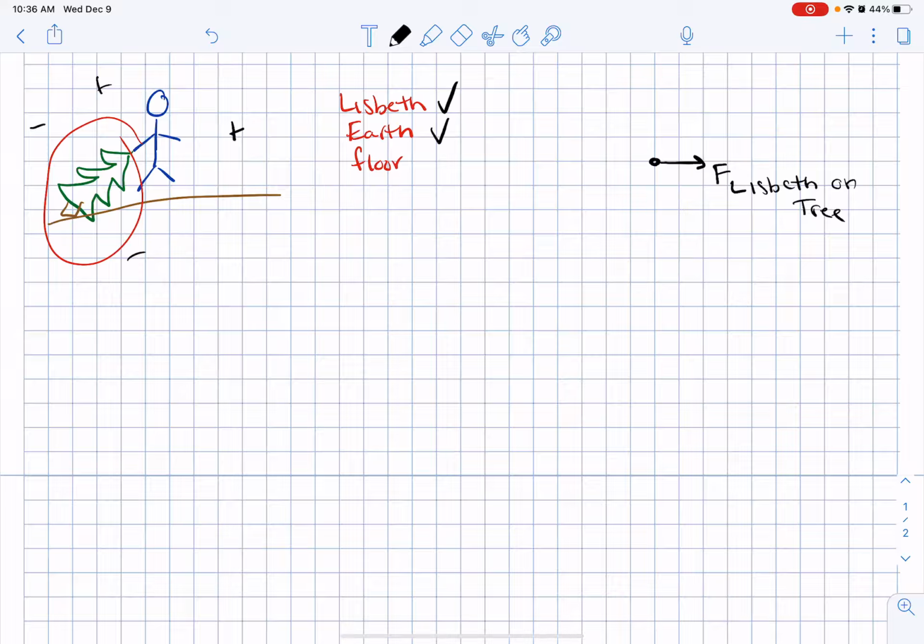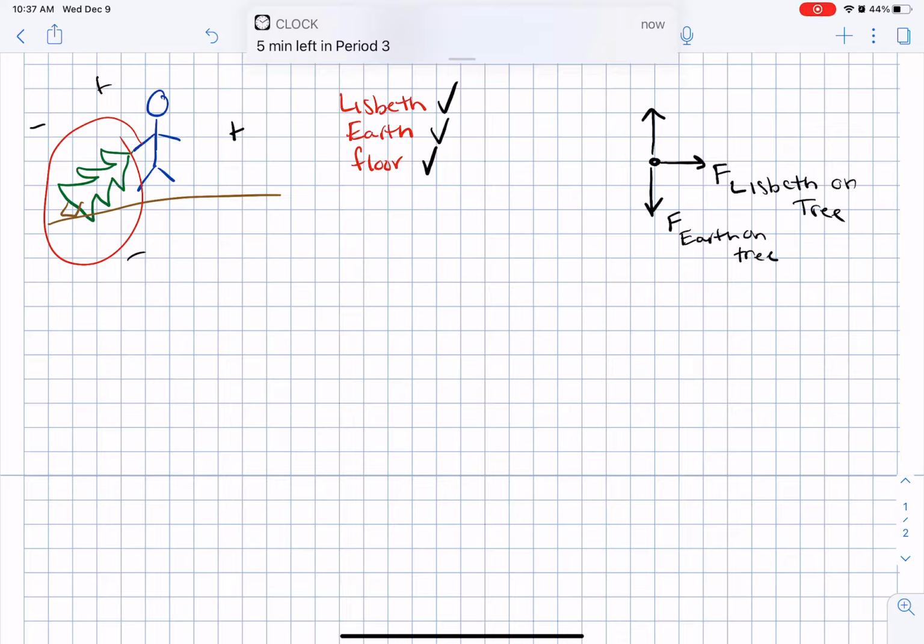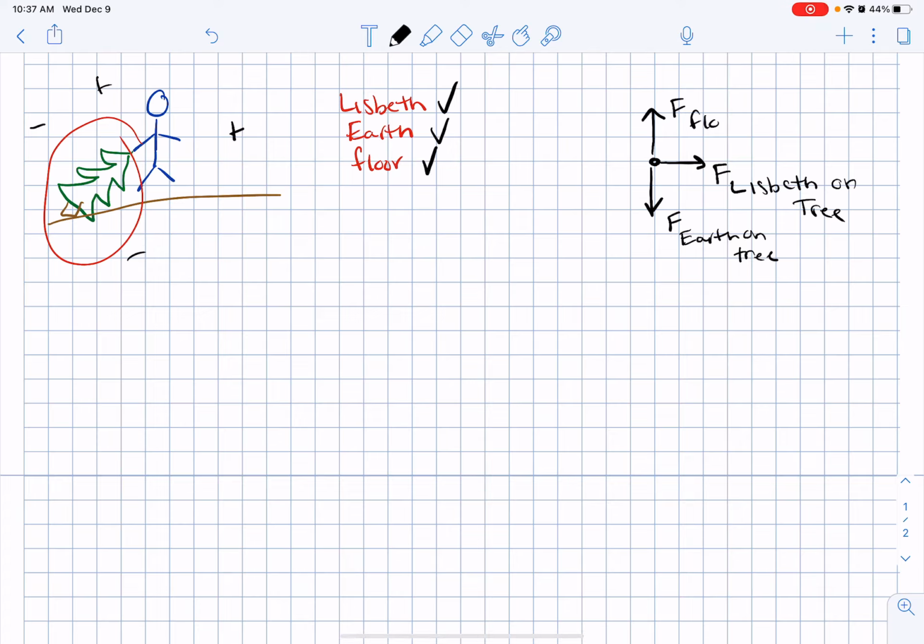Now earth, I know, is always pulling a force down. Force earth on tree. Now the floor is exerting a force up, so this is going to be force floor on tree.